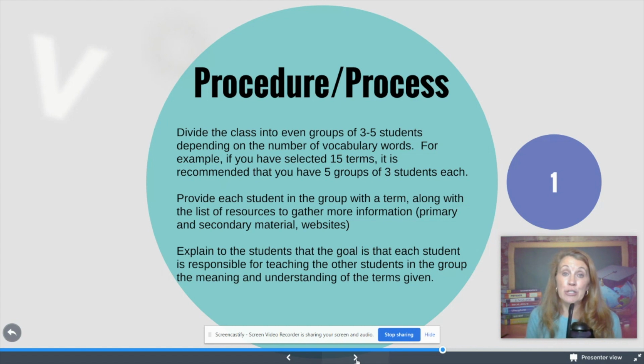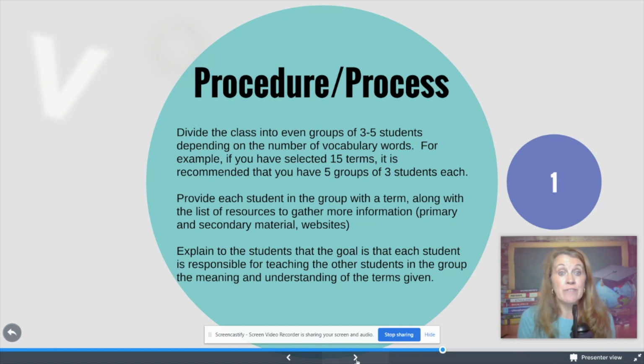In this particular strategy, this would be similar to a memory game. You would match up cards, 4 different cards, and figure out the vocabulary word that the 4 cards are trying to give you clues about. So your groups can compete against each other.